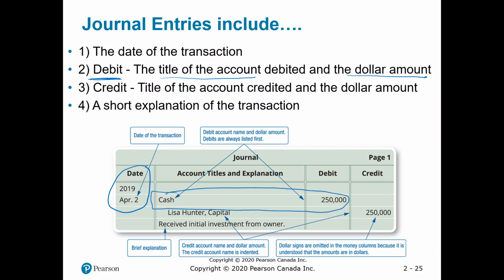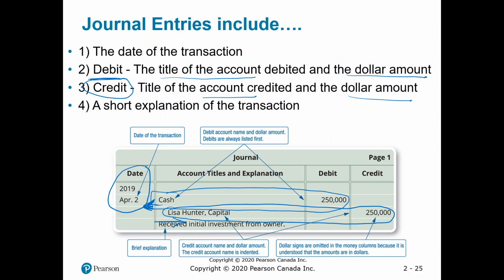And we know debits on the left, credits on the right. So you can see that the debit here for cash is further to the left. And the third part here is our credit, so that's this second line, Lisa Hunter Capital. We've got the account name and the dollar amount, and it is indented to the right.